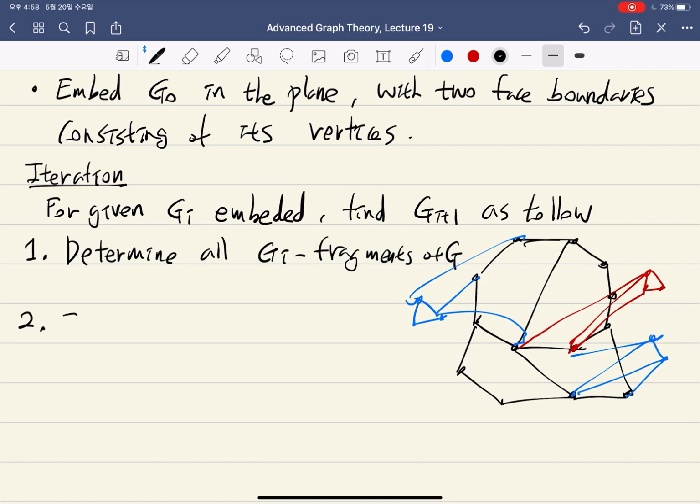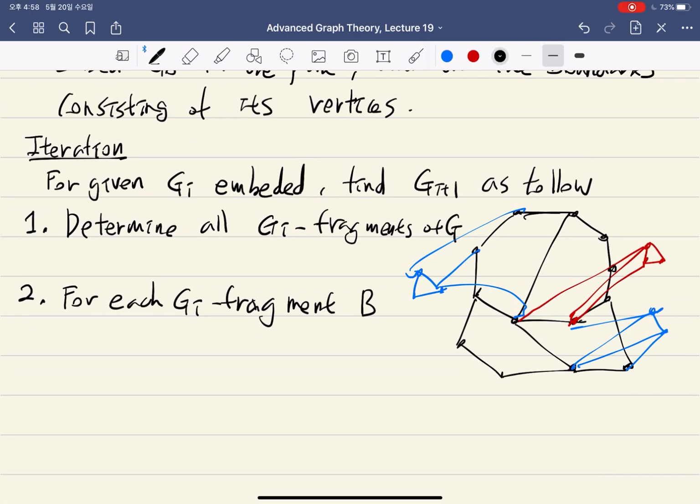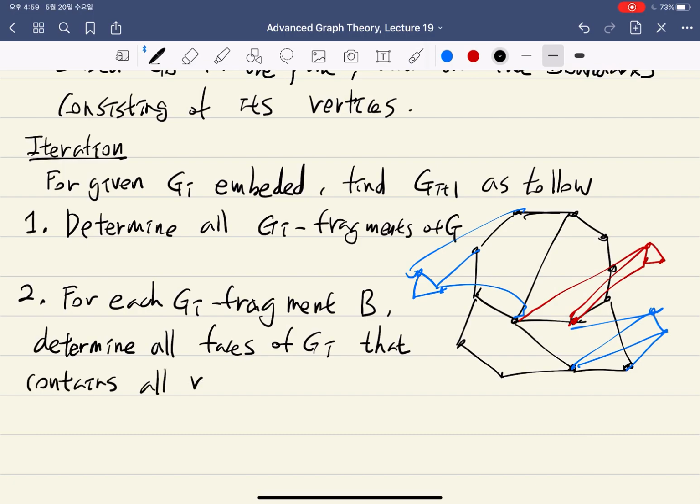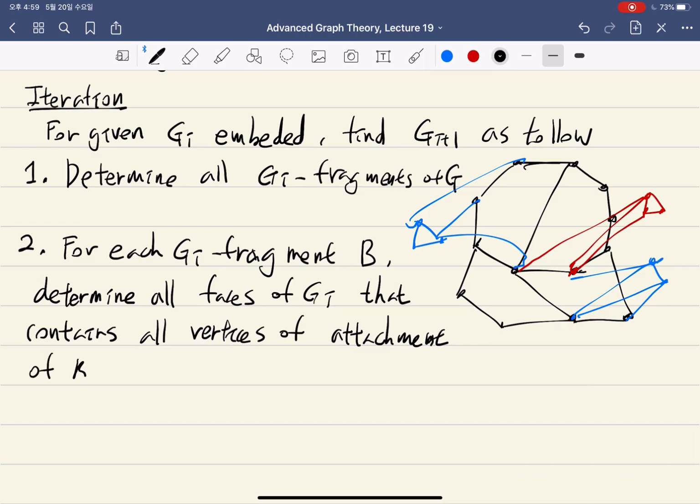And what we do is for each Gi fragment, say B, we determine all faces of Gi that contain all vertices of attachment of B, and we call this FB.